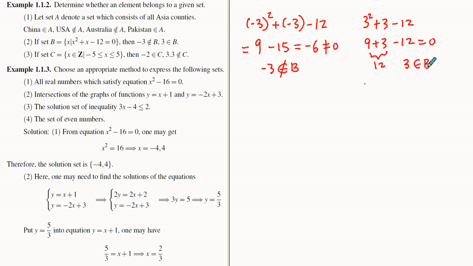The third one, we want to use C to represent an integer which is in between -5 and +5, including -5 and +5, because there is an equal sign right here.